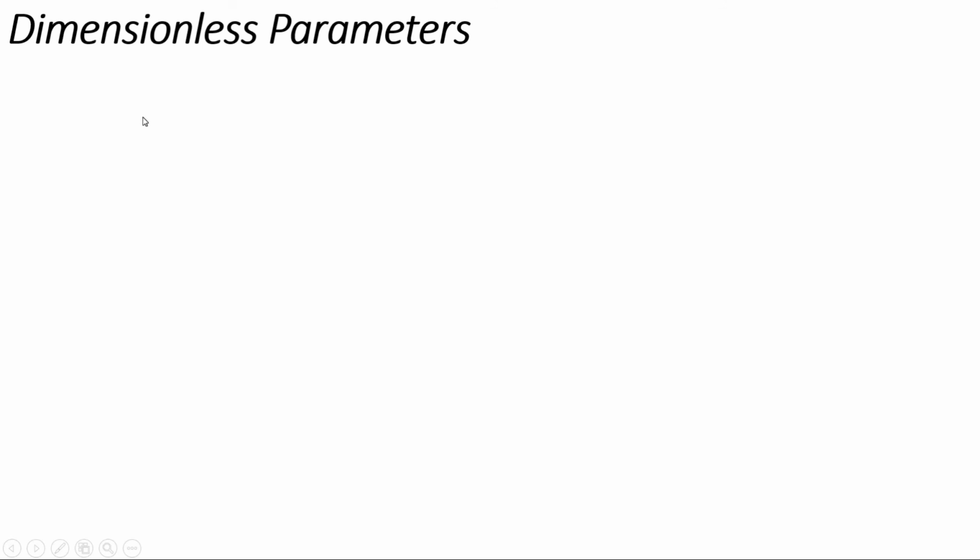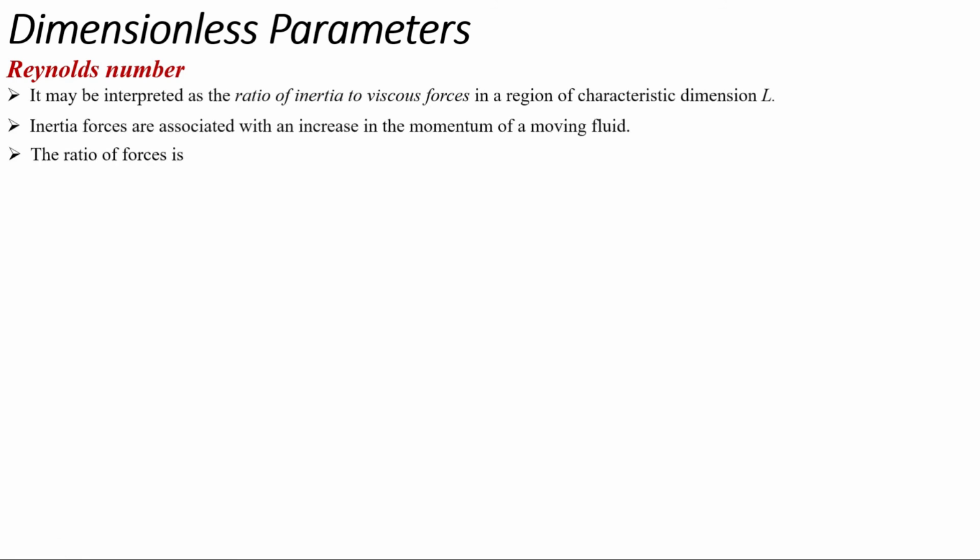The first dimensionless parameter is not new for you, and it is the Reynolds number. Reynolds number is the ratio of inertial forces to the viscous forces, and inertial forces increase with the momentum of the moving fluid. This ratio is equal to rho VL over mu. I hope you have learned this in fluid mechanics: Reynolds number is simply the ratio of inertial forces to the viscous forces.